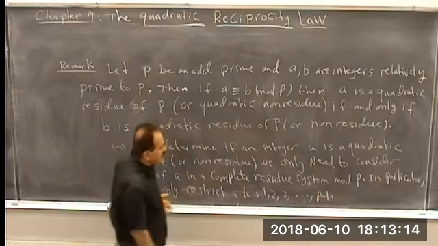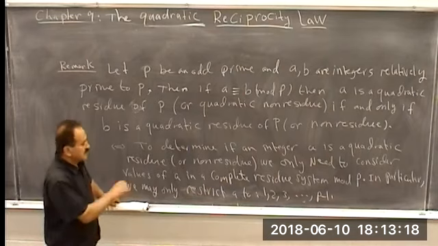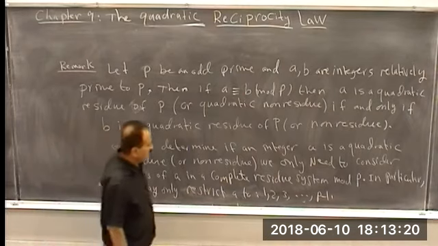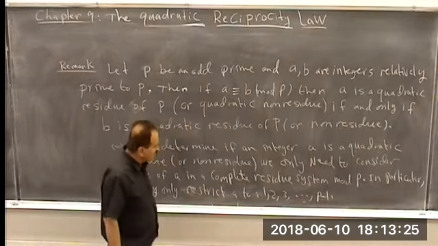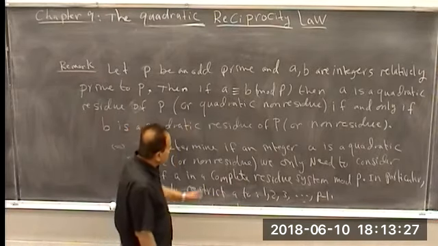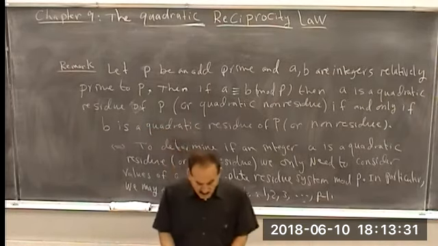Because we don't want to consider 0, because we say 0 is not a quadratic residue or non-residue. It's not relatively prime, and this is it. In other words, the least positive complete residue system mod p. All right.